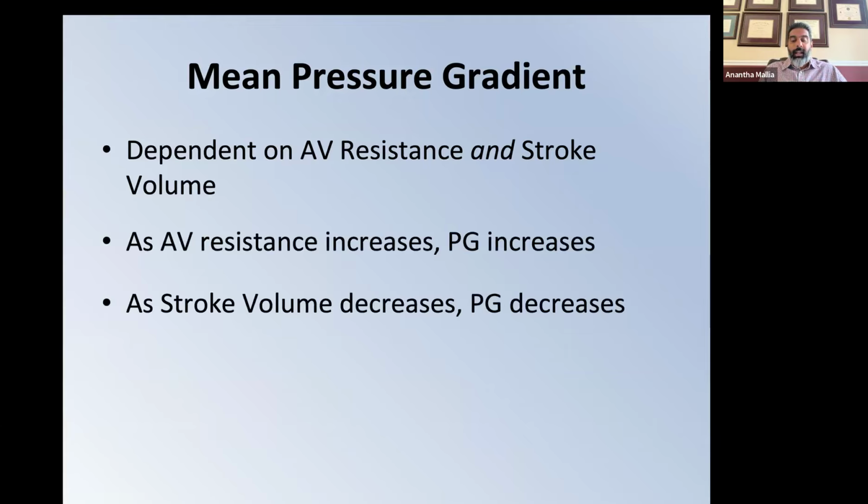So, in other words, as the aortic valve resistance increases, or in other words, as the aortic stenosis gets worse, the pressure gradient increases. And this concept is why we use pressure gradient to help categorize how severe the AS is. But as stroke volume decreases, the pressure gradient is going to decrease as well.